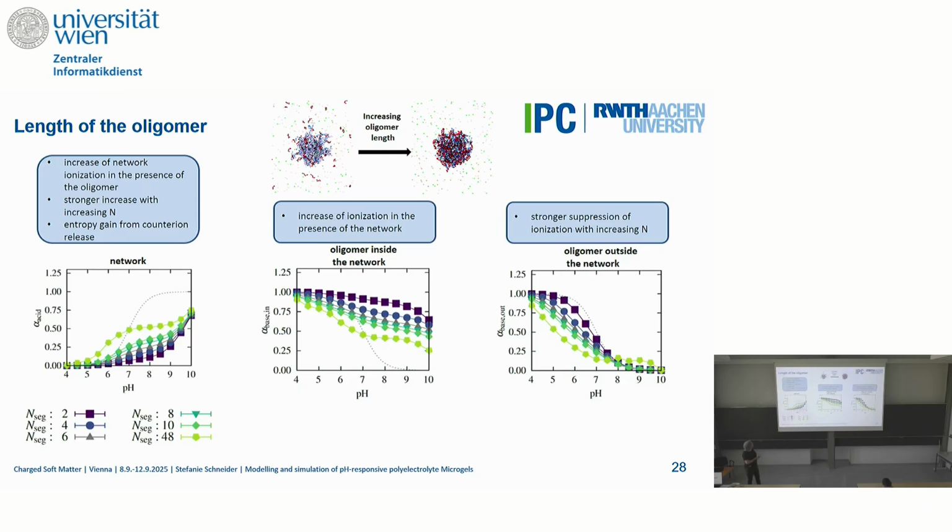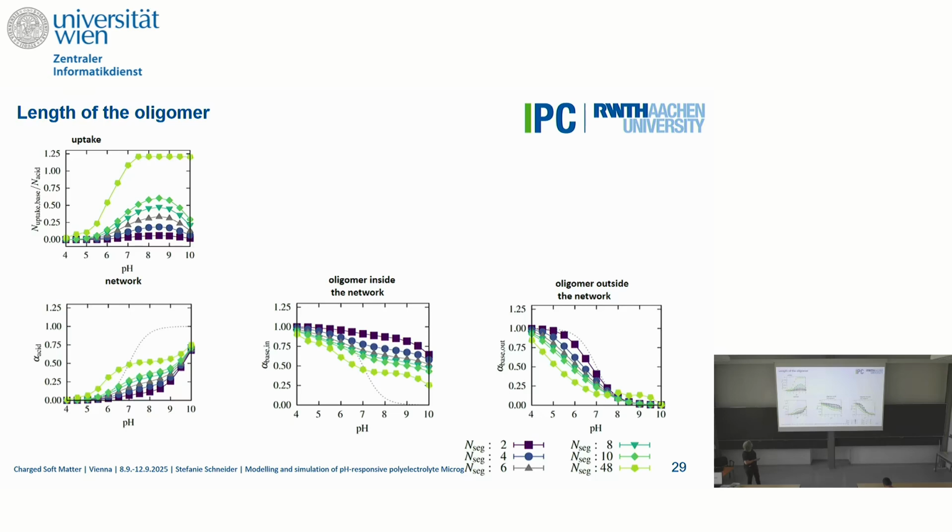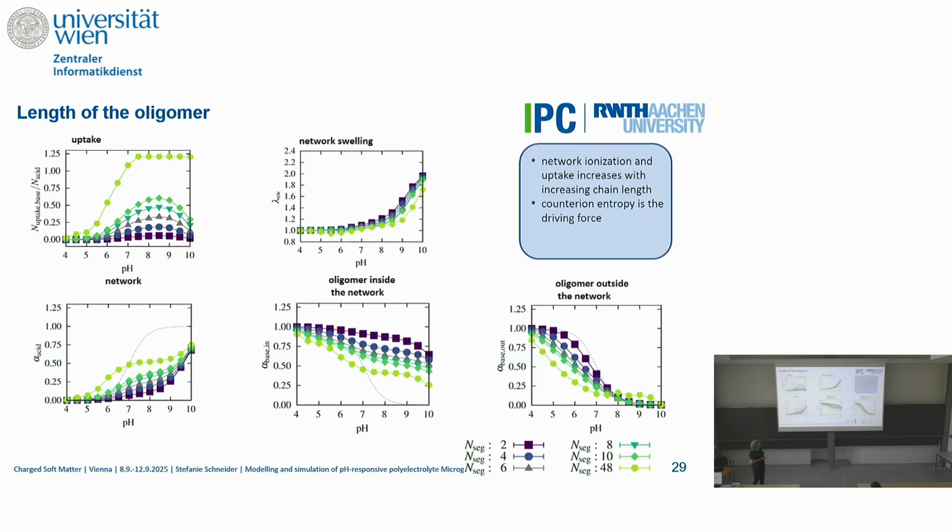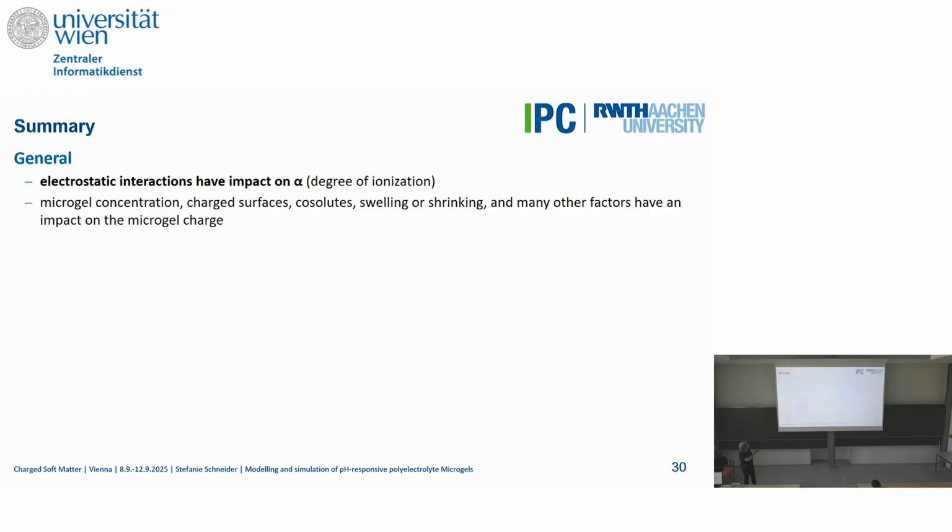And you can also see this in the uptake. And for the network swelling, there are two effects coming into play. I will stop here, because I think I run out of time.